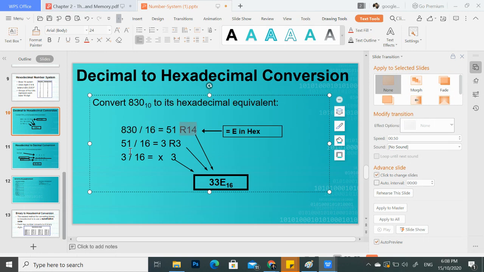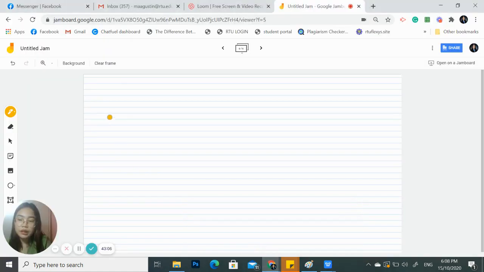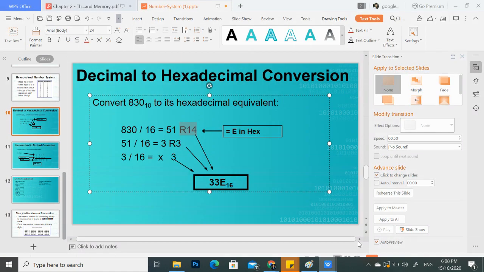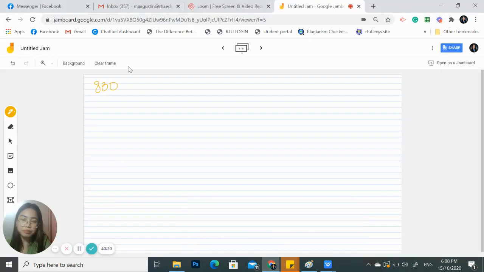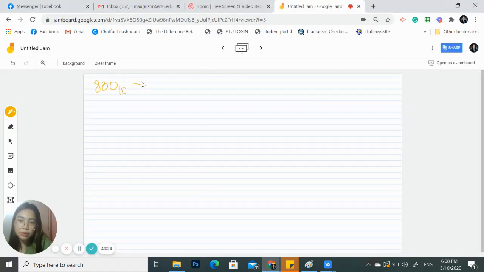So, this is the answer. So, let's try how we're going to do that. 830 base 10 to hexadecimal, which is base 16.